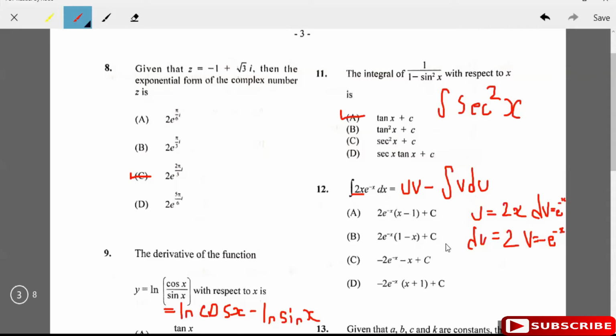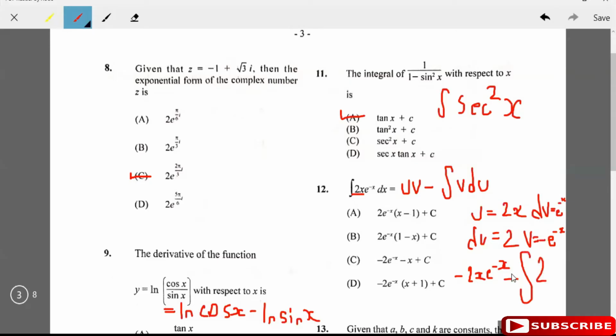And so this integral is now uv, which works out to be minus 2x e to the minus x minus the integral of v du. The integral of v du is minus the integral of 2 times e to the minus x.